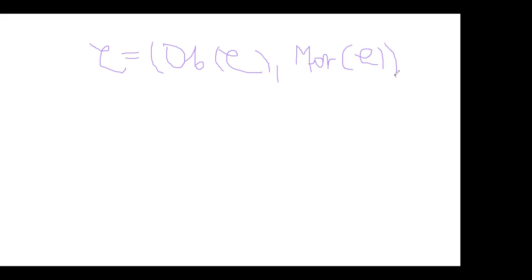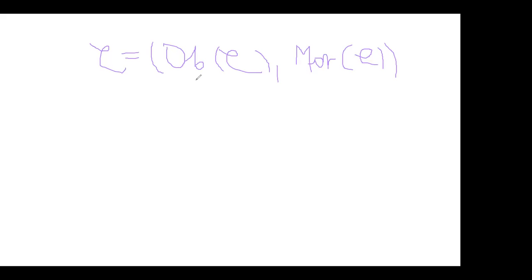I apologize for my handwriting. It's all C. It's C like a category. Okay, and now you say that your category is small if the class of objects is a set.